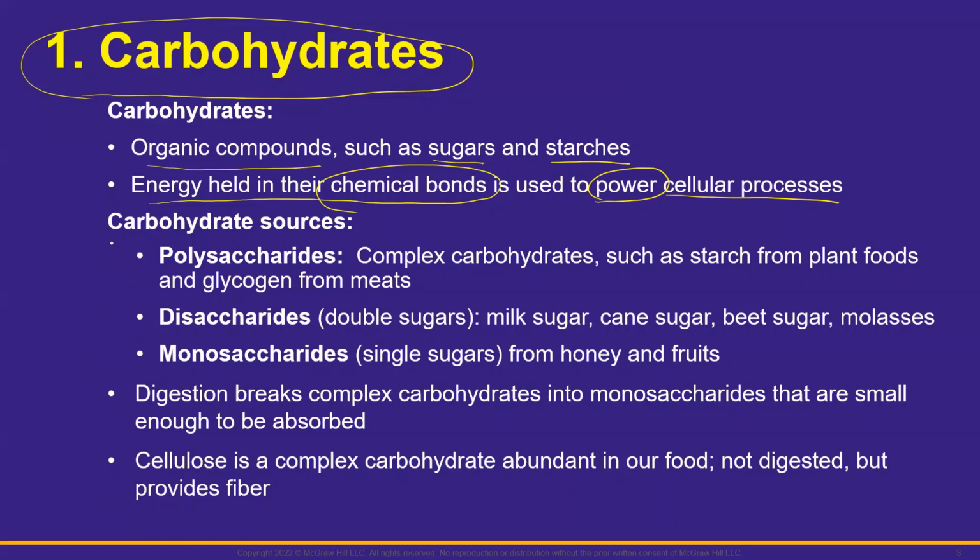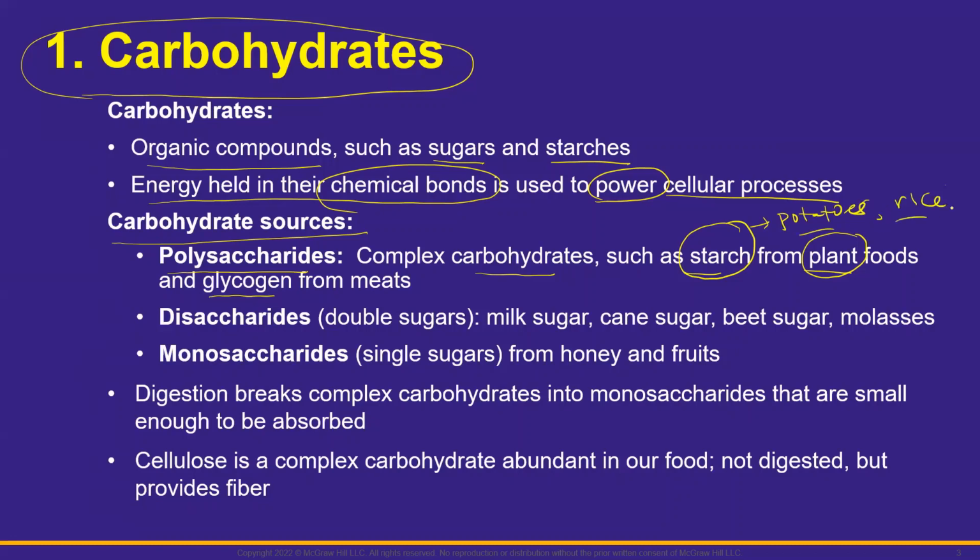For the carbohydrate sources, first are the polysaccharides, which are complex carbohydrates such as starch from plants and glycogen from meat, or from animals. Just for information, starch is a type of polysaccharide that is present in plants, for example potatoes and rice.